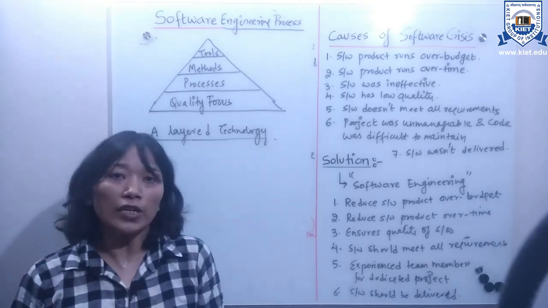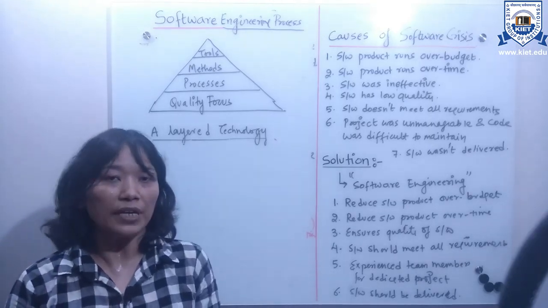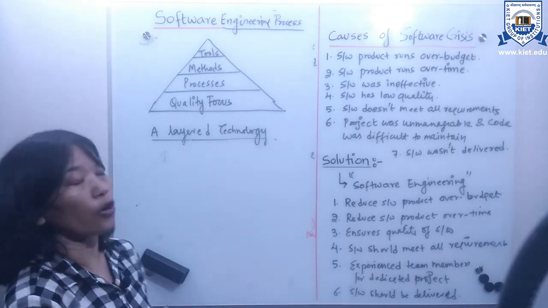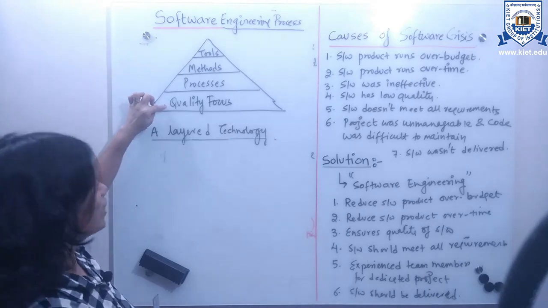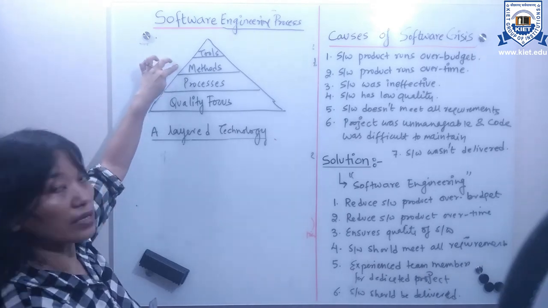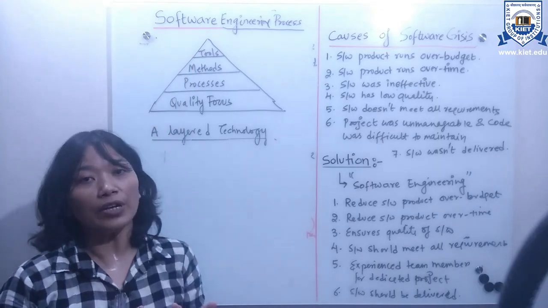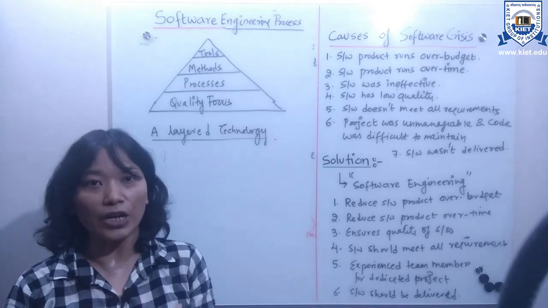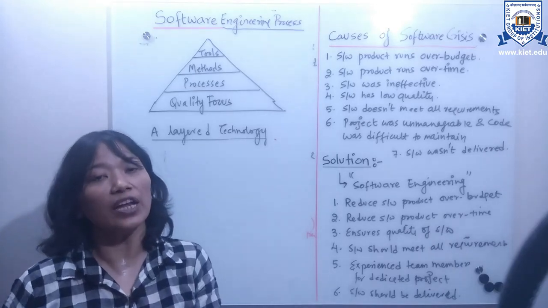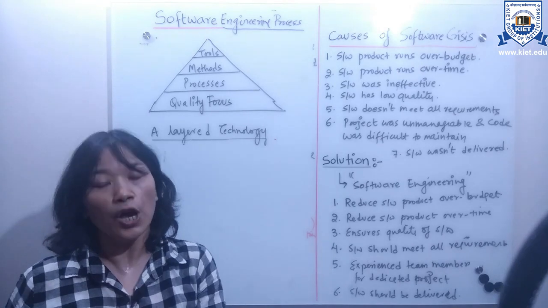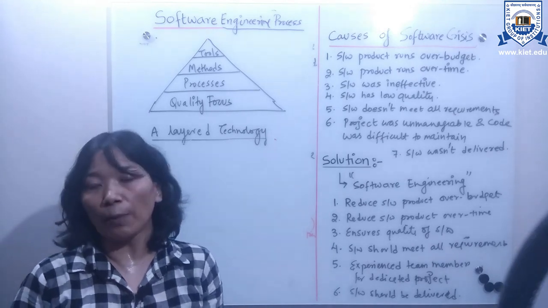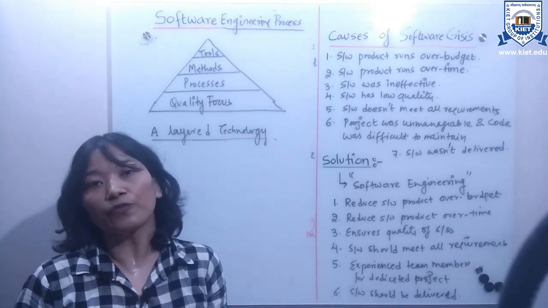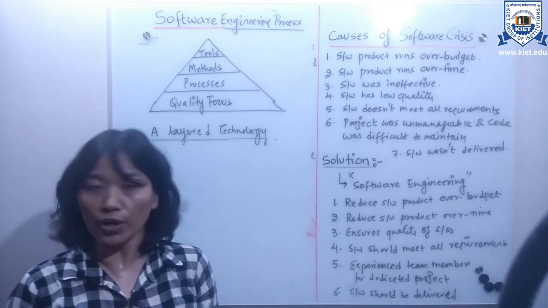The software engineering process can be defined as a layered technology, and this layered technology has four layers: quality focus, processes, methods, and tools. Having these layers laid down from the beginning of the software engineering process makes it easier for the developer and project manager to check the quality of the end product and deliver it on time.